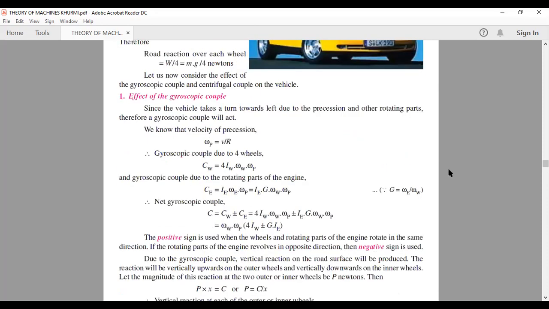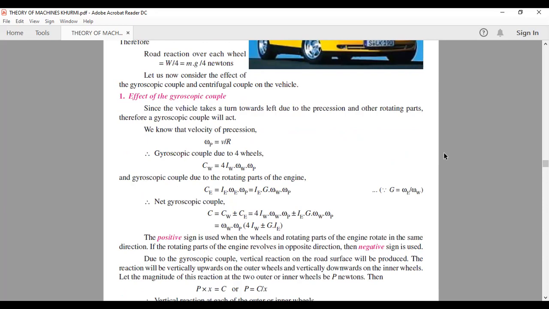So here the two cases will be effect of gyroscopic couple and effect of centrifugal couple. So these two cases are based on the effect of gyroscopic couple and effect of centrifugal couple. So in the gyroscopic couple, we are going to see the gyroscopic effect for wheels as well as gyroscopic effect for engine.